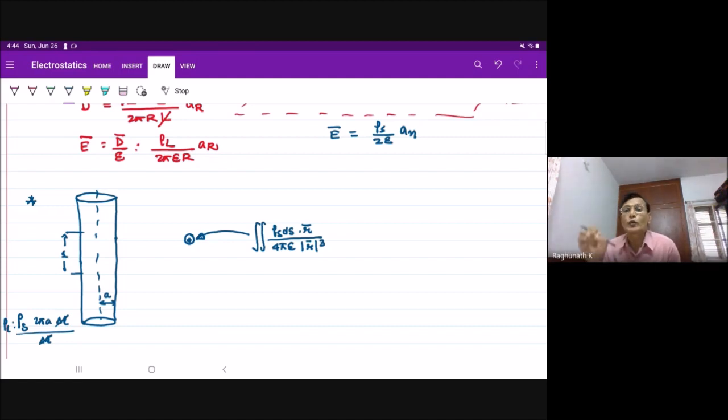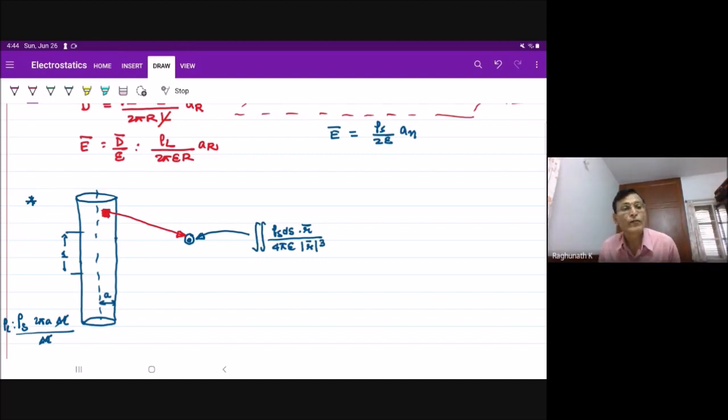Whenever we want to use the cylindrical coordinate system to determine the field at this point from any general point on the surface, we have to consider dS, and from the dS we need to define a vector to the point of interest.